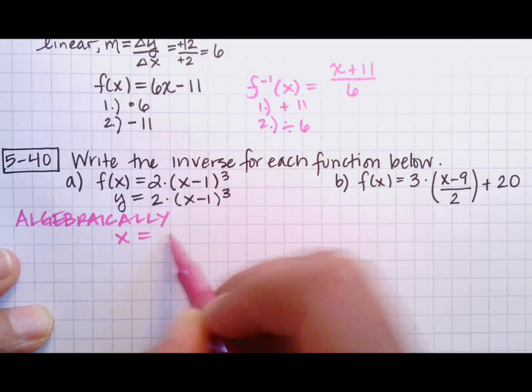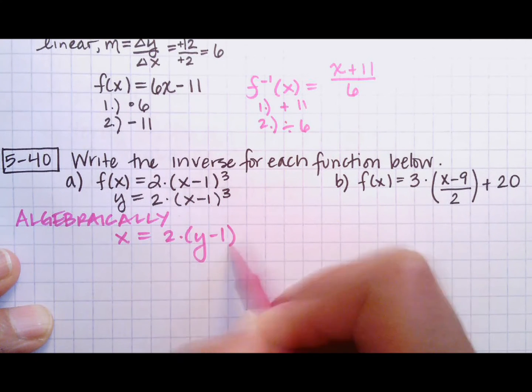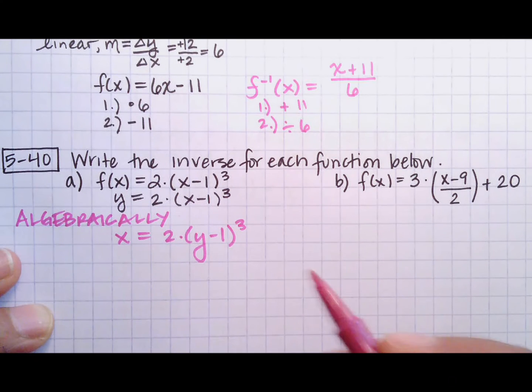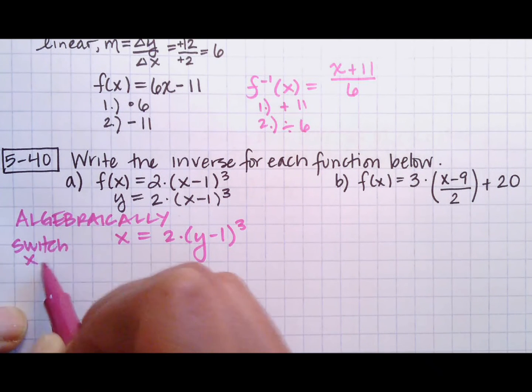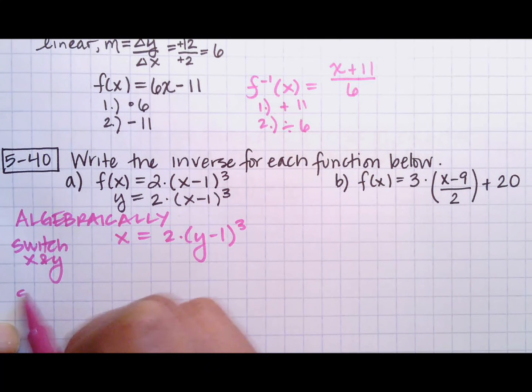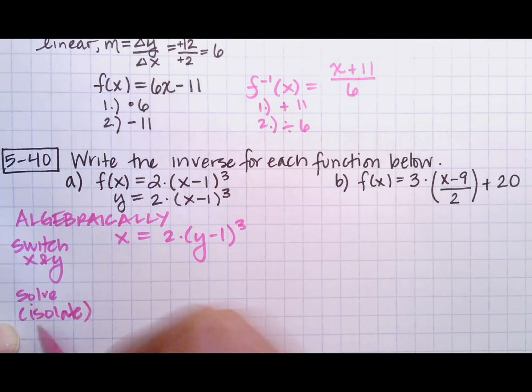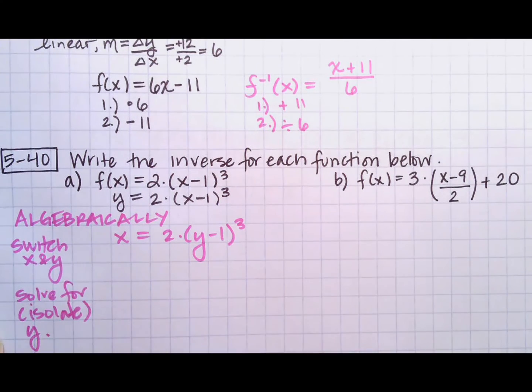So x equals 2 times y minus 1 cubed. After we switch x and y, now we solve, or isolate, y. Solve for means to isolate y.